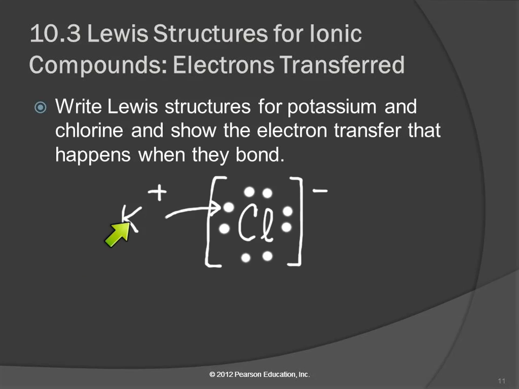Now, does this mean that potassium has no valence electrons now? No, it just means we peeled off that outer layer that wasn't complete, and underneath is a beautiful full layer. But in Lewis theory, we choose not to draw those dots in because it gets confusing when you've got dots coming out of nowhere.